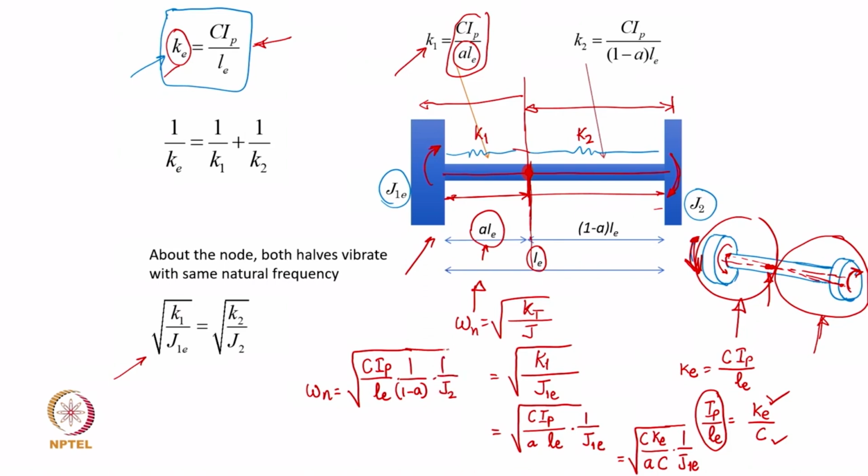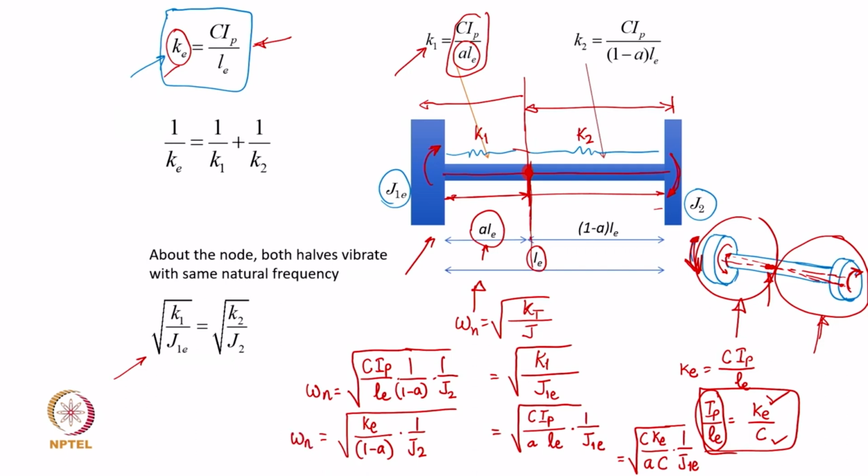In this case also, except A, I have all other parameters known. So, if I replace IP over Le using this expression, then I will have here Ke, C will cancel out, and then I have 1 minus A and 1 over J2. So, this is omega n, same as this.